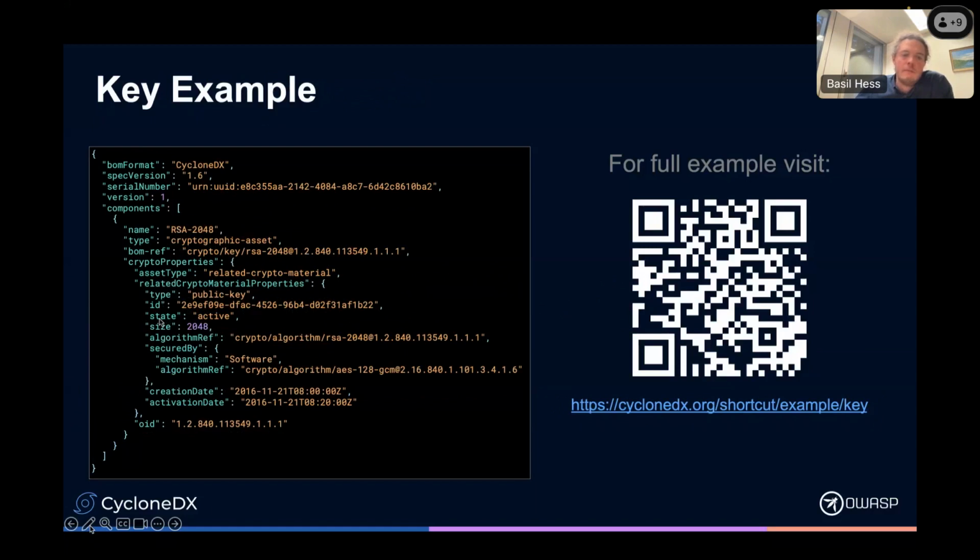And here we also see the state, for example. And yeah, one might ask, okay, how can I derive the security level from this key? I mean, this is done by this algorithm reference that again references an asset type algorithm where we have the relevant information about the security level.